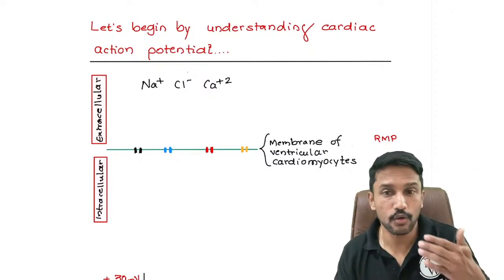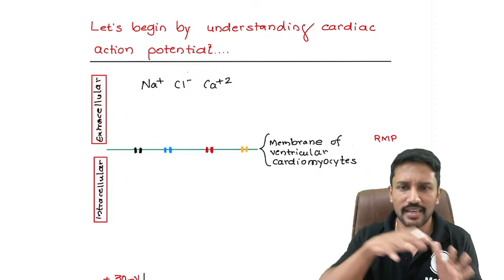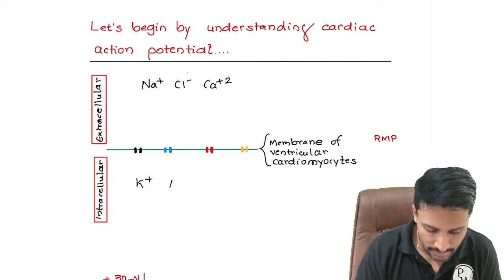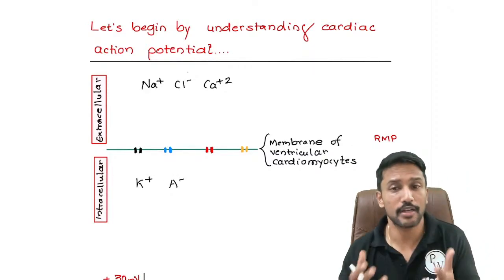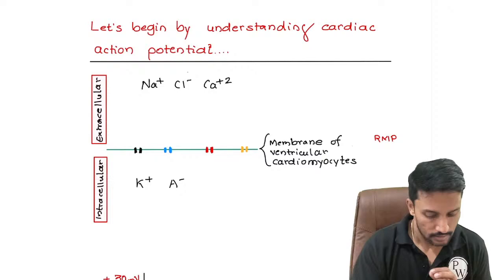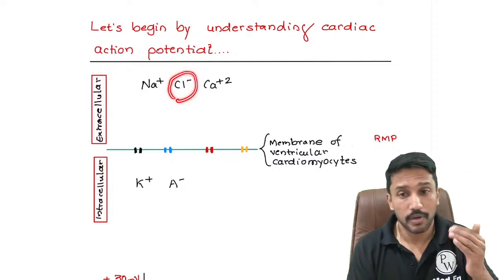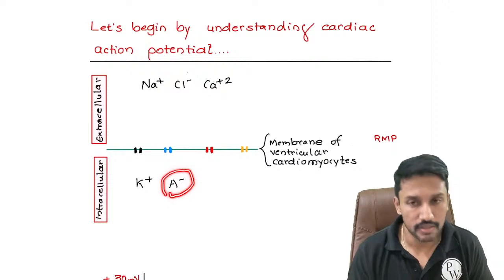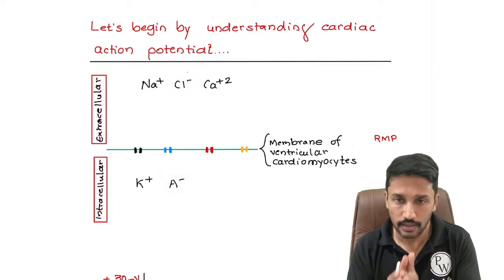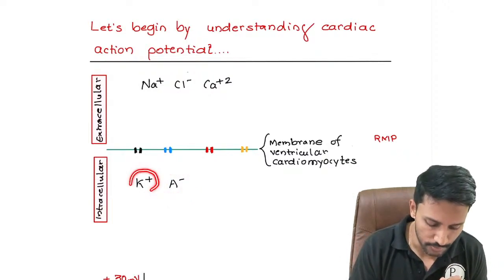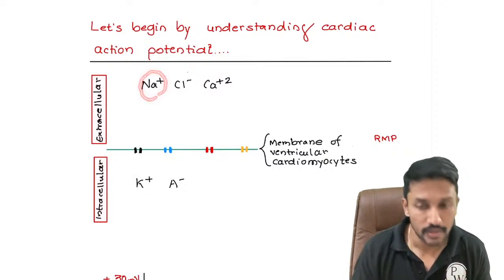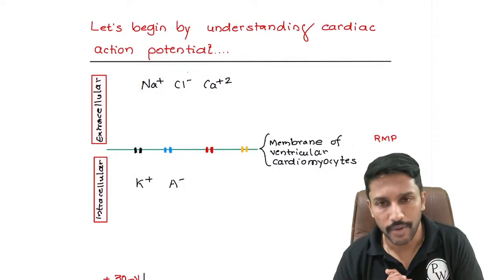On the other hand, inside the cells, the major cation is potassium, and there are plenty of anions like amino acids. The major anion in the extracellular compartment is chloride. The major negatively charged particle in the intracellular compartment is amino acids. The major cation in the intracellular compartment is potassium. The major cations in the extracellular compartment are sodium, calcium, and to some extent magnesium.